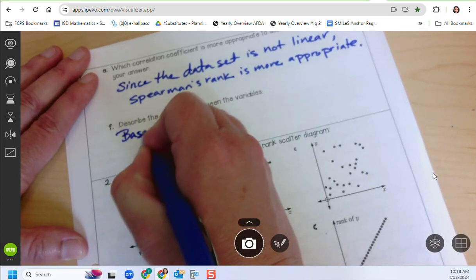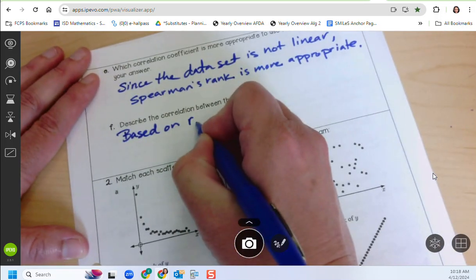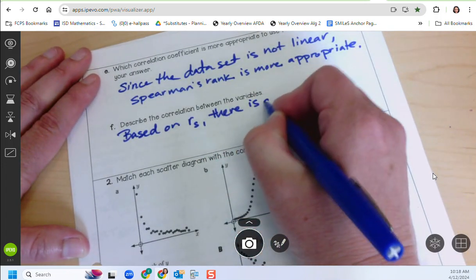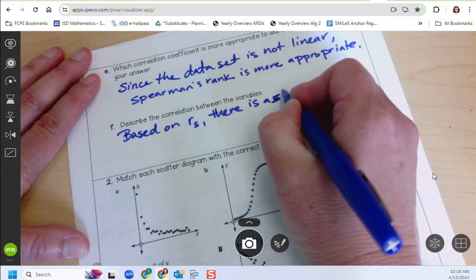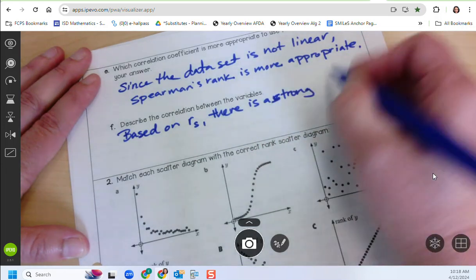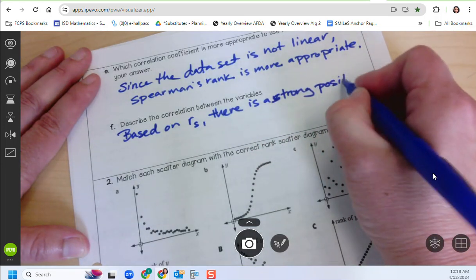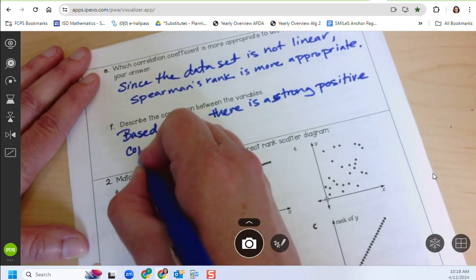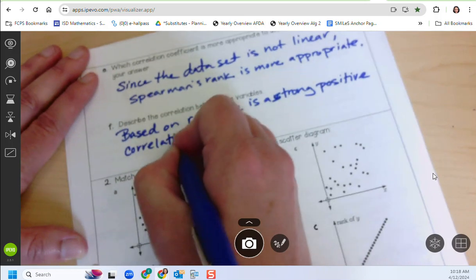Based on R sub S, there is a strong positive correlation between the variables. Feels like it should be very strong. Yeah, not quite there though.